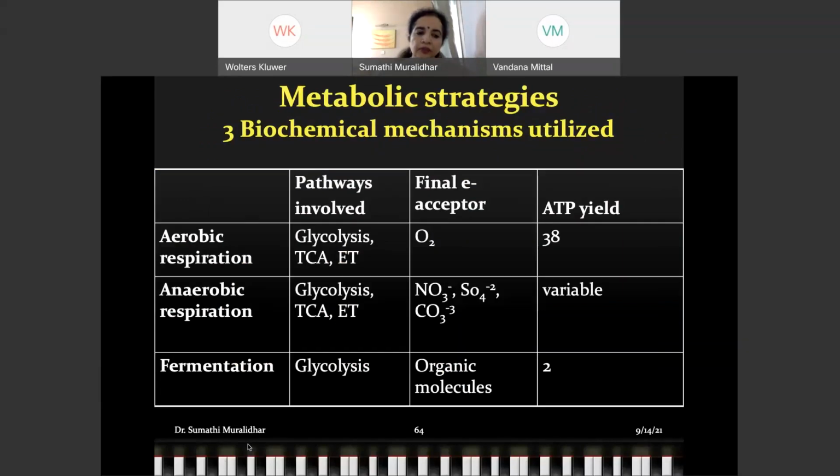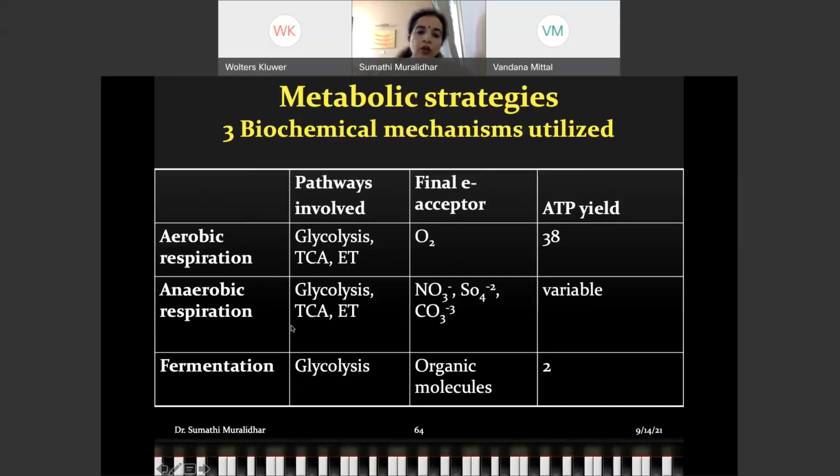Aerobic respiration, remember, the pathways are the same as anaerobic, like you have glycolysis, tricarboxylic acid cycle, and the electron transfer. All this happens. But here the final electron acceptor is oxygen. So it is aerobic. And here the maximum energy yield is there. That is 38 molecules of ATP you're getting, adenosine triphosphate. Whereas in anaerobic, you're getting a variable amount, but less than this.